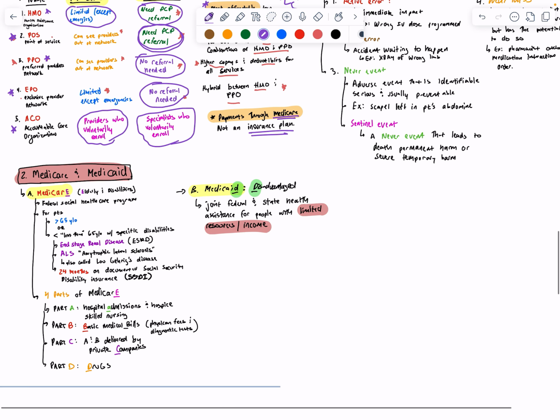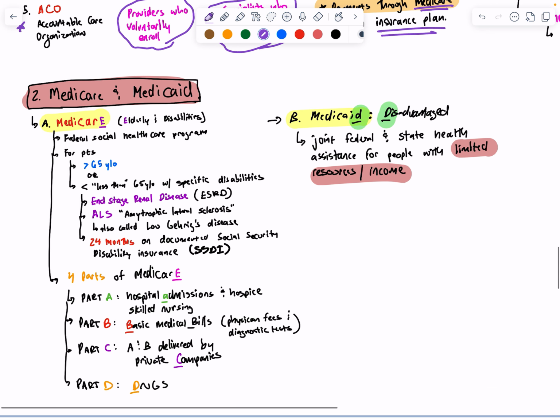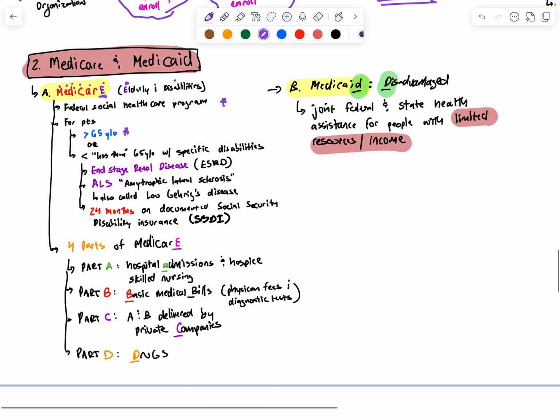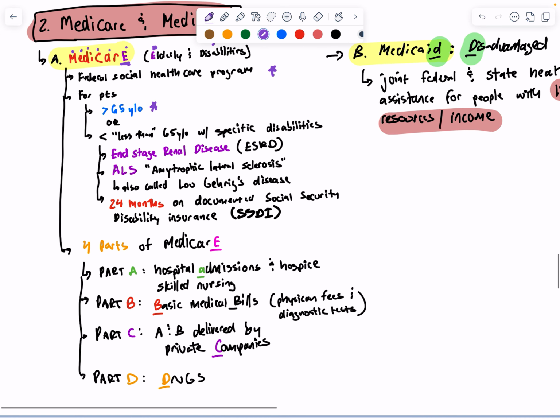Okay, so moving on to Medicare and Medicaid. Fortunately, these are pretty easy to remember based on just quick looking at how they're spelled. So Medicare with an E at the end. E stands for elderly, and then disabilities. And this is a federal social health care program. It's for patients who are 65 years or older, or if they're not 65 years or older, they have specific disabilities.